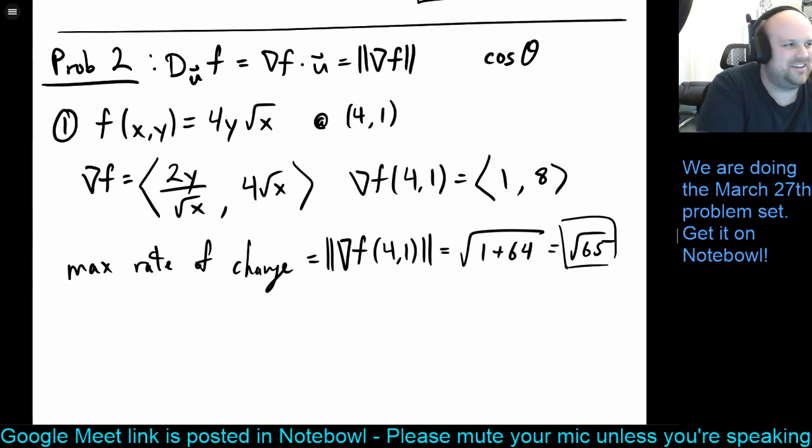For computing that number, there's no way to simplify it. The important thing here is pointing out that this gradient has huge geometric significance for functions. It's a very, very useful object.